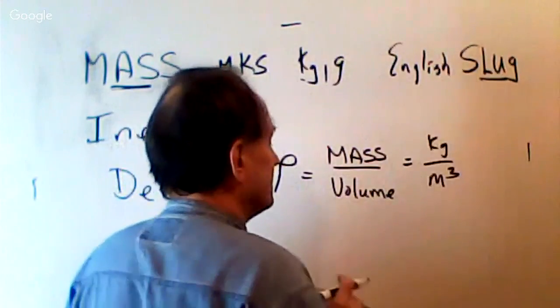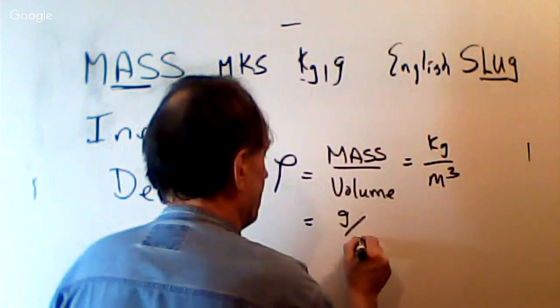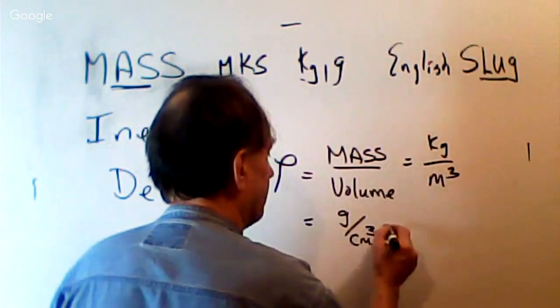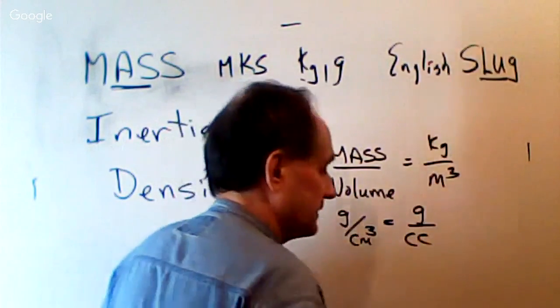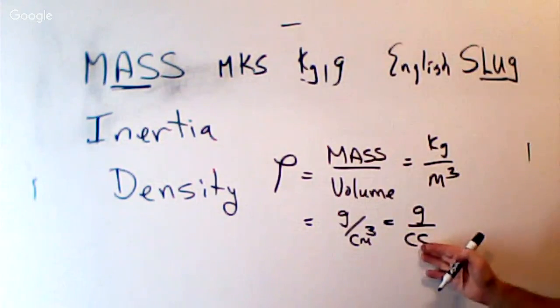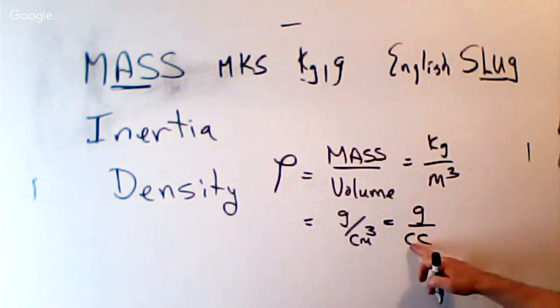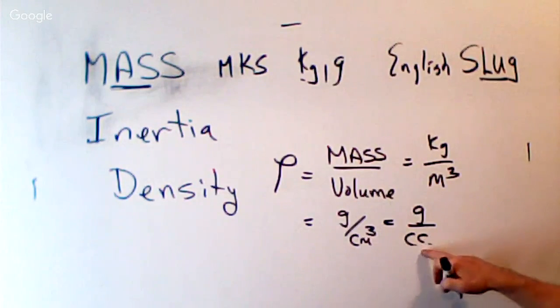This is a rather large unit. A lot of times we use grams per cubic centimeter, and a cubic centimeter is many times, in the medical profession, chemistry and so on, called cc's. That stands for cubic centimeters.